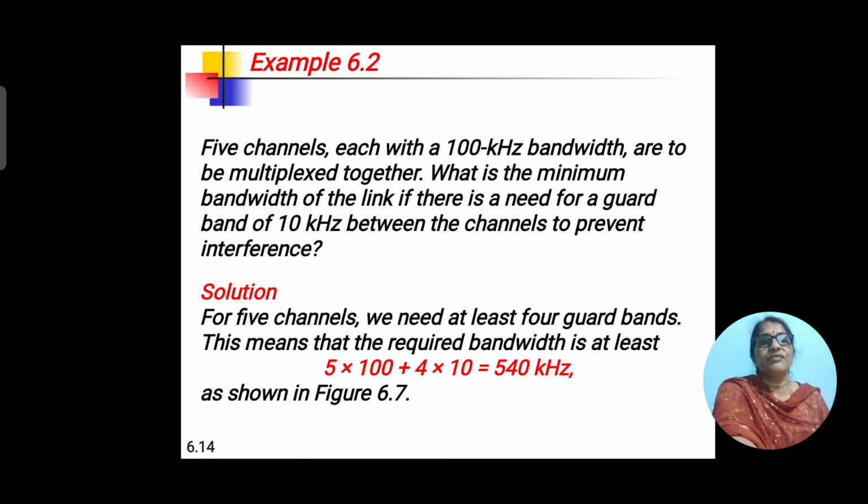The solution is: for 5 channels we need at least 4 guard bands. This means that the required bandwidth is at least 5 times 100 plus 4 times 10, which is equal to 540 kilohertz, as shown in figure 6.7.